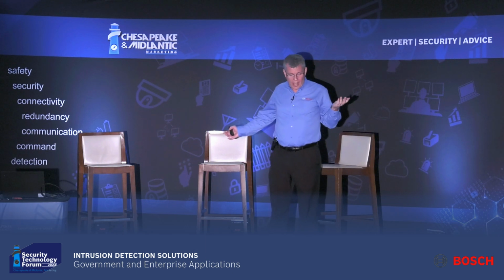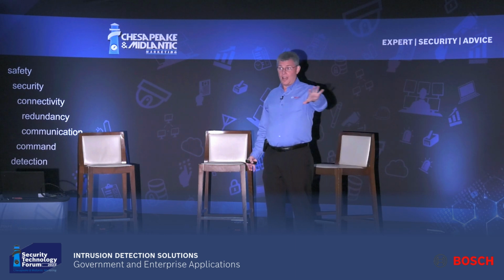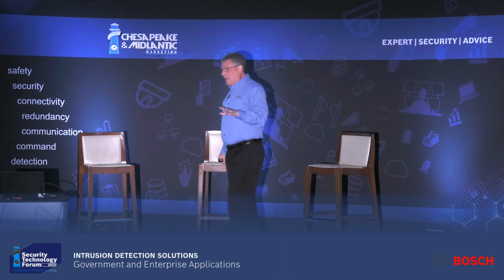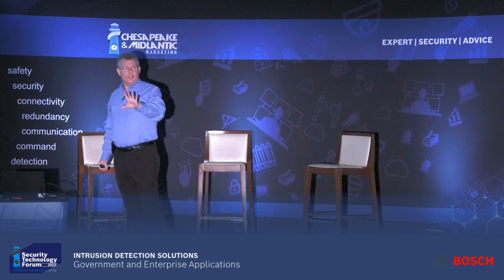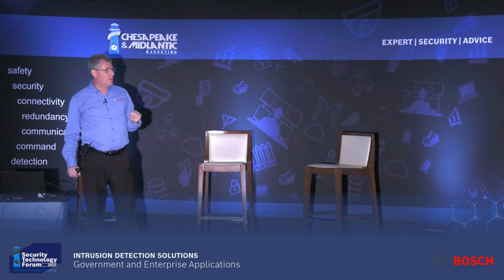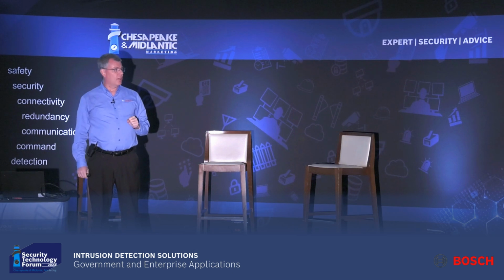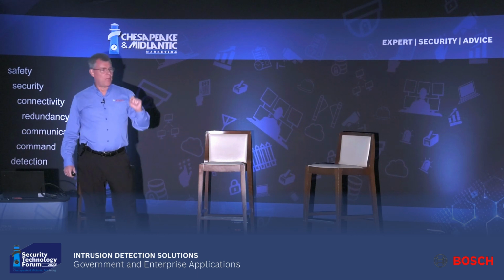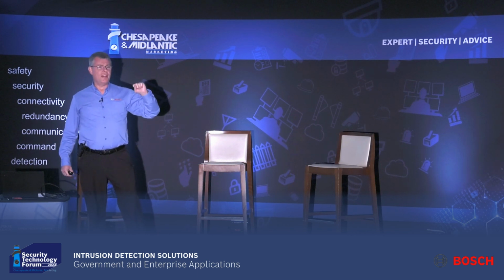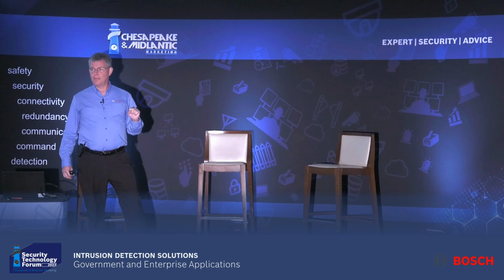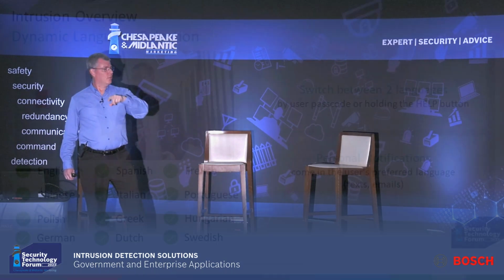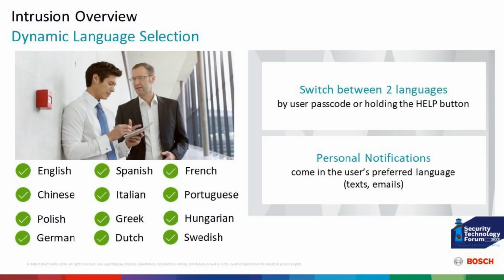Imagine I go up to the keypad, I arm it, and in beautiful Hungarian, it tells me that the warehouse door is open. I have no idea what to do, because I can't read Hungarian. But when I press the button to show me that in English, and it says the warehouse door is open, I'll go close the warehouse door and your facility will be secure.